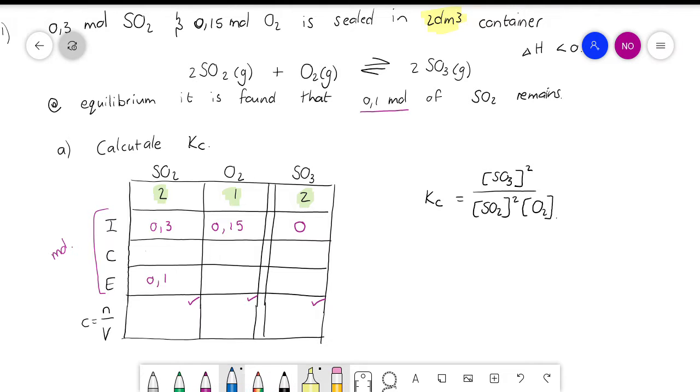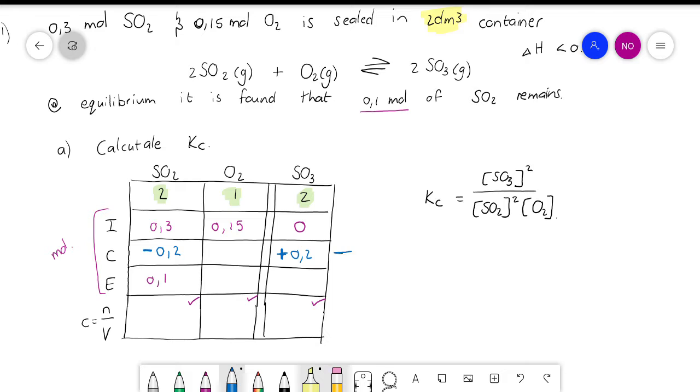Now the only column that we have enough information on is this one. Do you see that this decreased by 0.2? In the beginning you have 0.3 and at the end you have 0.1 left, so it decreased by 0.2. Do you agree that that means this one will increase by 0.2?